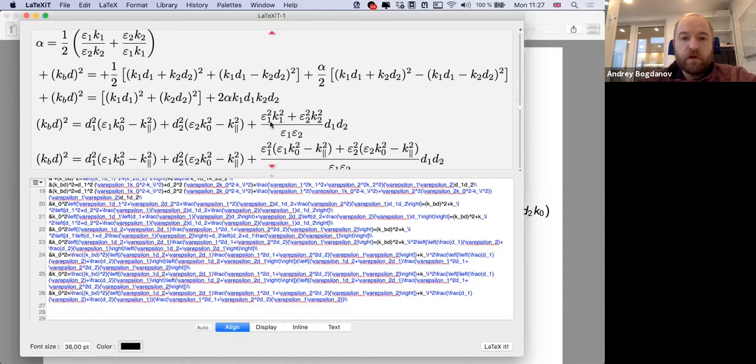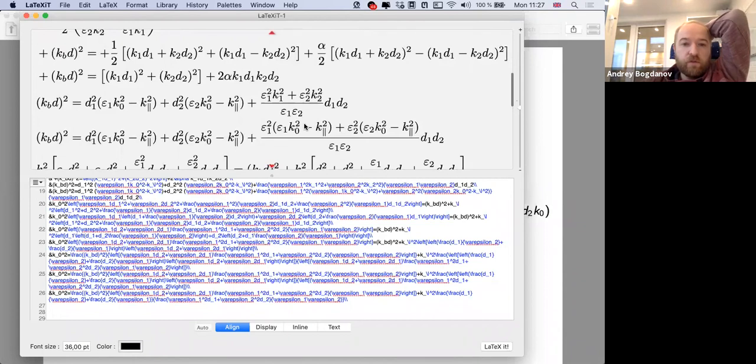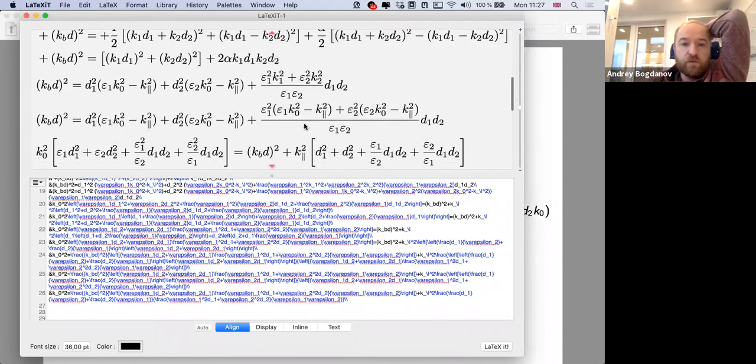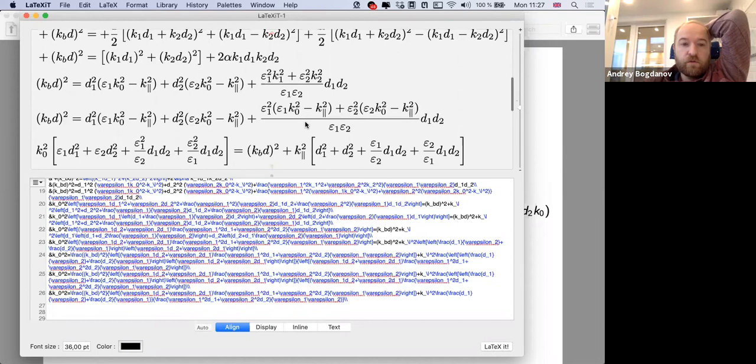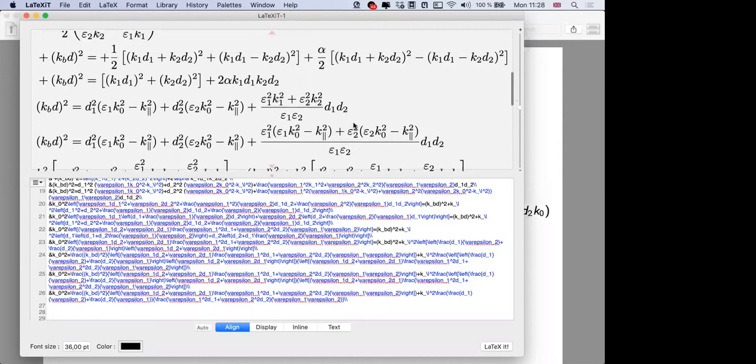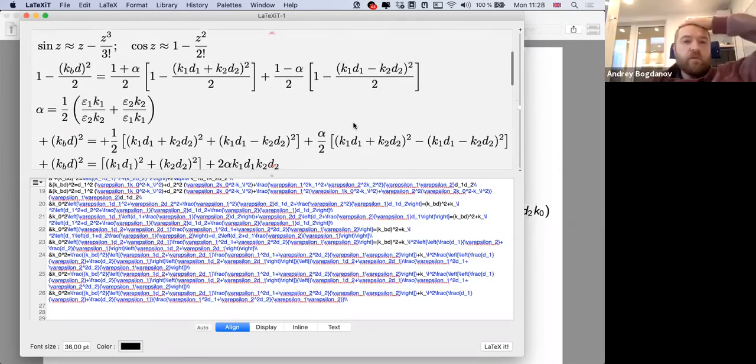Epsilon 1 square K1 square. It's epsilon 1 cube, epsilon 1 square over 2. And here, d1, d2. Go back.